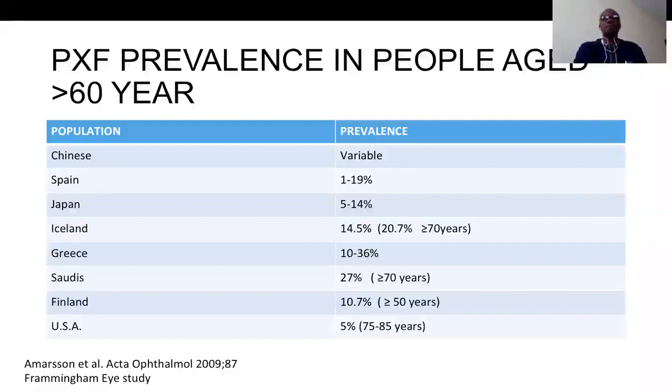Now, in people aged above 60 years, the prevalence of pseudo-exfoliation in various countries is as shown in this table. Initially, it was thought to be more prevalent in the Scandinavian countries, but then it's been found that it's actually found in other parts of the world, including Africa.